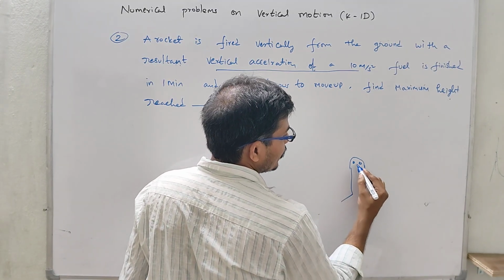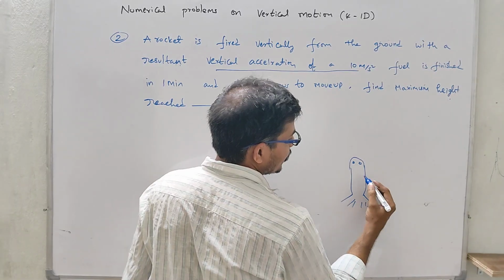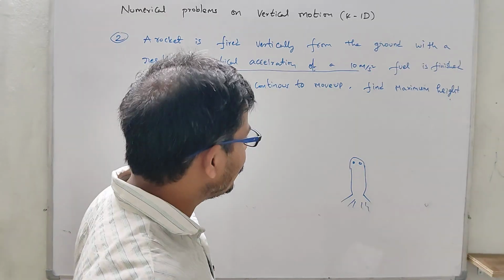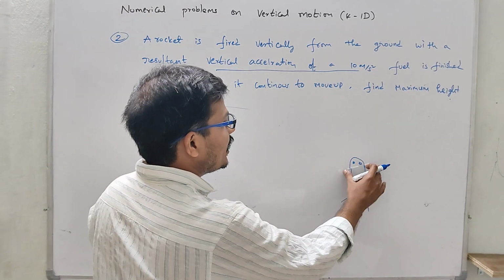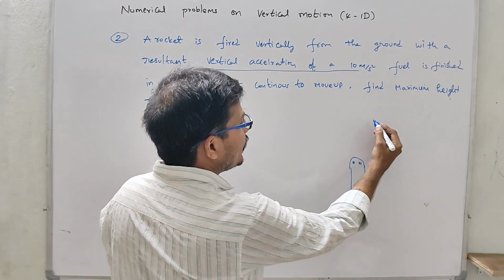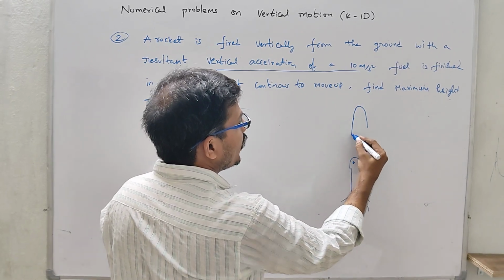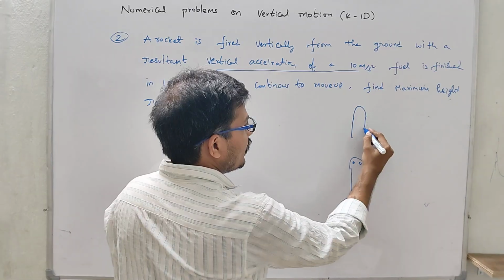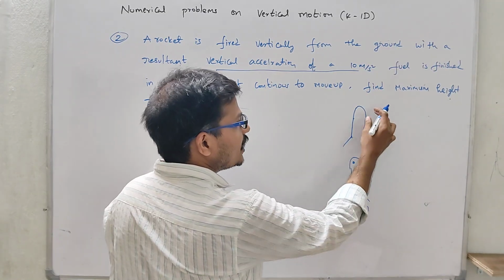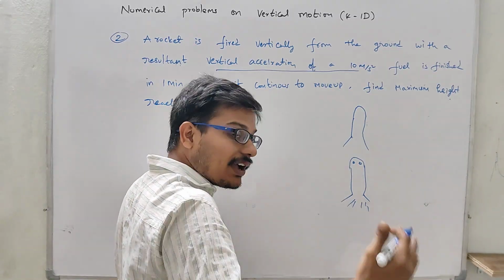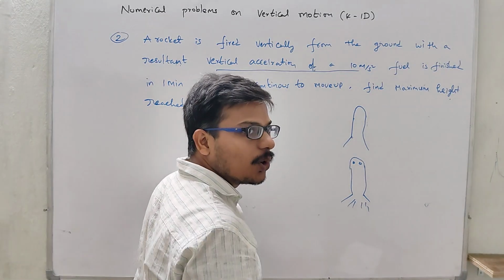It is moving with some velocity by ejecting some of the gases in the backward direction. See, it is going upward now. When it comes to a certain height, at that point the entire fuel is completed. So still at that completion point it has some velocity. With that velocity it will move.